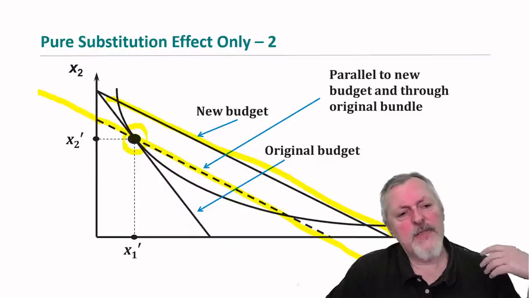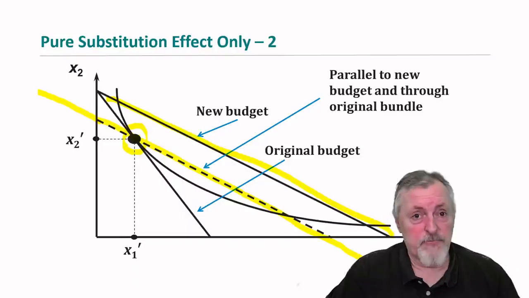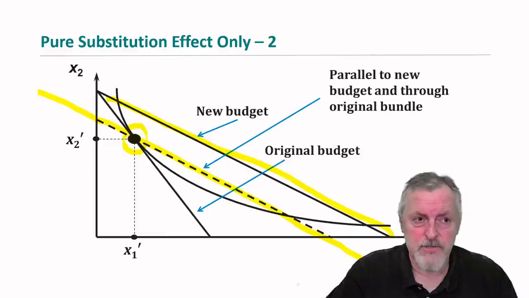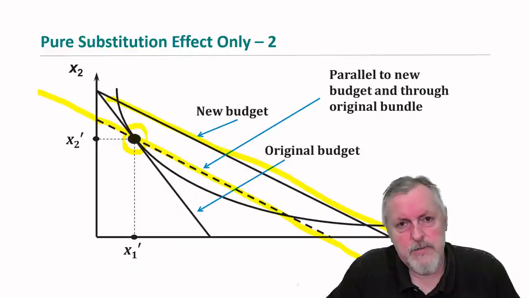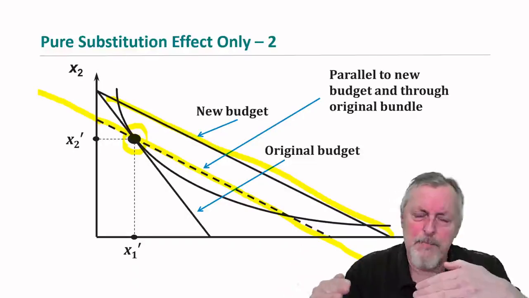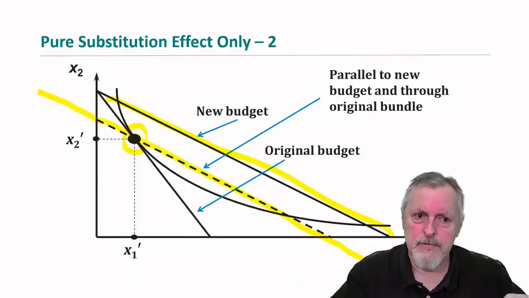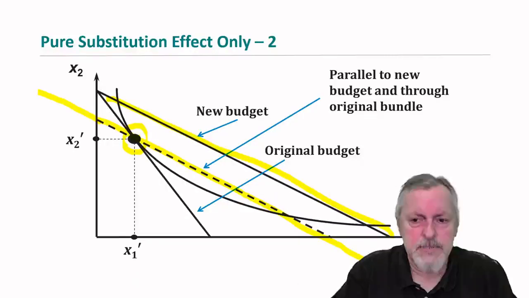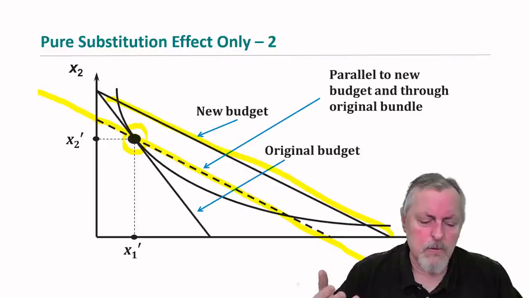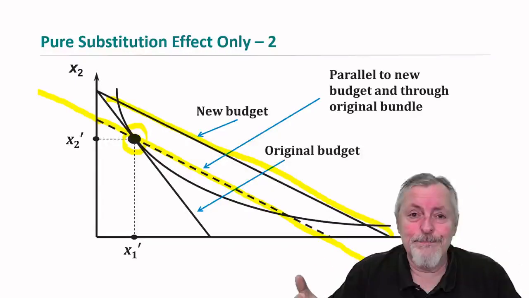Well, if the thing that you chose before and you could just barely afford, now in this thought experiment you can also just barely afford, then you're not functionally richer. By pulling the new budget line back in, we've taken away the income effect.